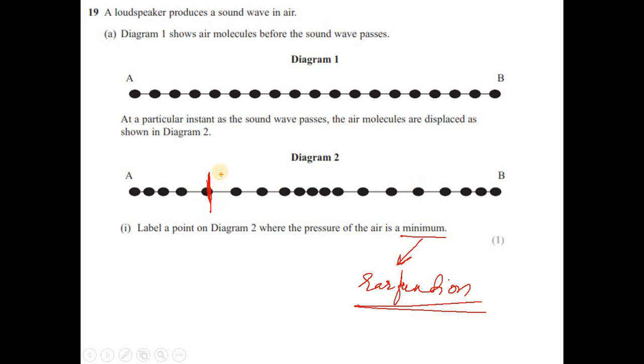You can mark any position, but it should be in a rarefaction situation. So at rarefaction you have a minimum pressure. At compression, of course, you have a high pressure. So these are the points of minimum or low pressure.